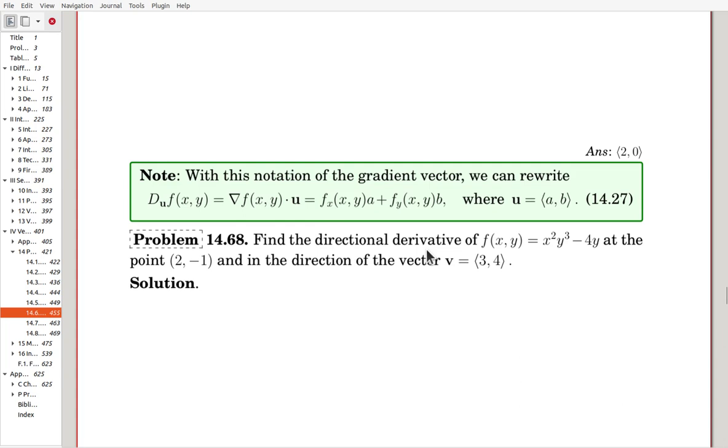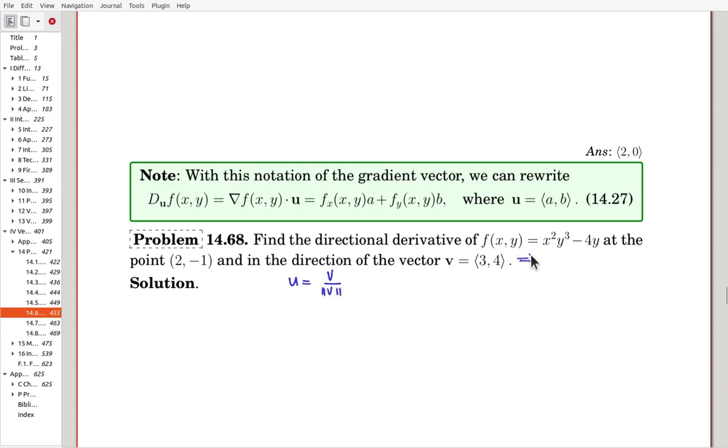Find the directional derivative of f of x, y equals this one at the point 2 and minus 1 in the direction of the vector. Okay, now the direction is given, and so we have to find the unit vector in the direction. So u must be v over the length of v.